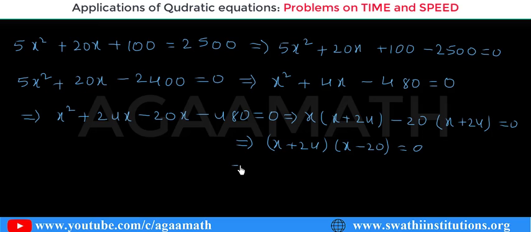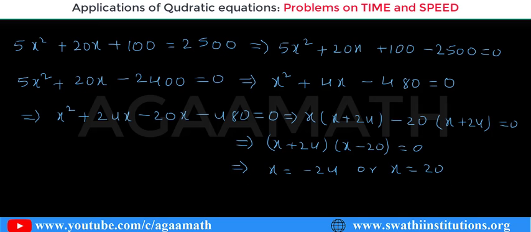So x equals minus 24 or x equals 20. The speed can never be negative, so here we take 20.